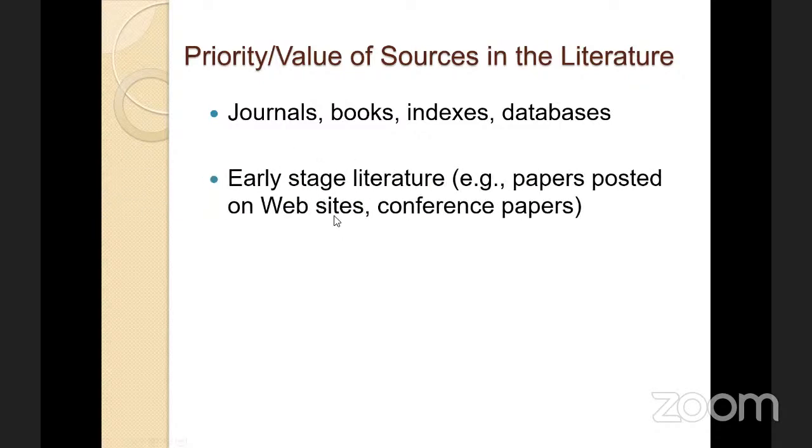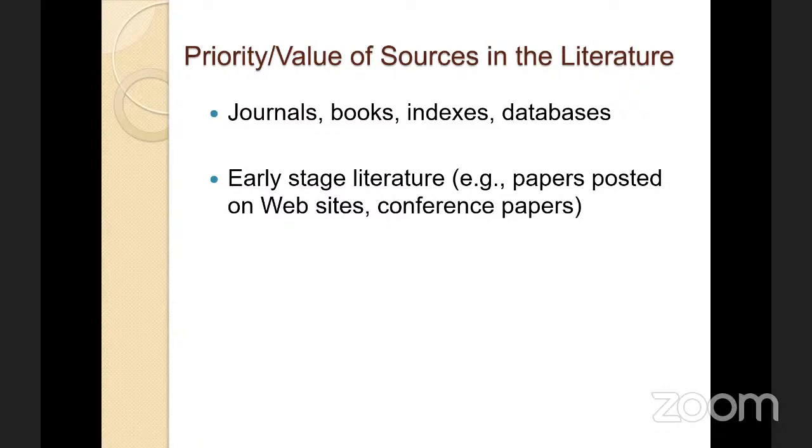And then there are other kinds of literature, like papers on websites and conference papers. In some fields like computing and engineering, conference papers can be considered valuable. So you can refer to peer-reviewed conference papers in your work if you want, but early stage literature should not be the heart of your project unless it is what is called an exploratory project.